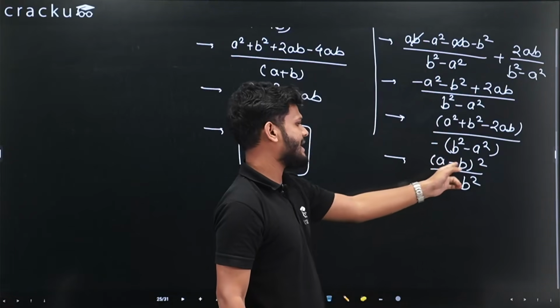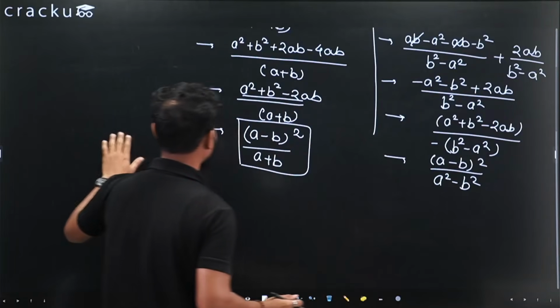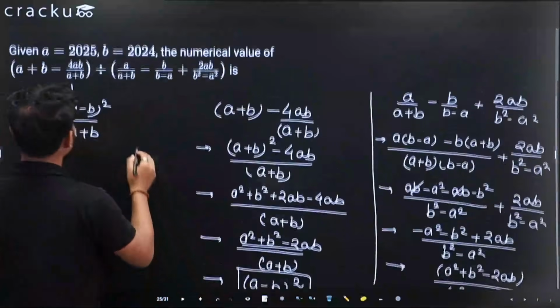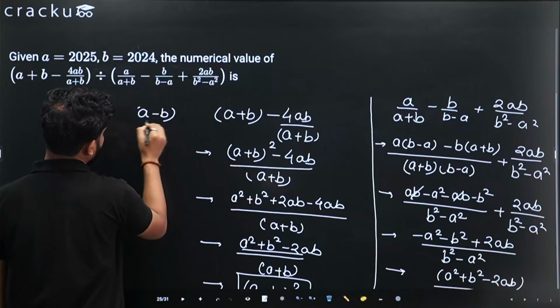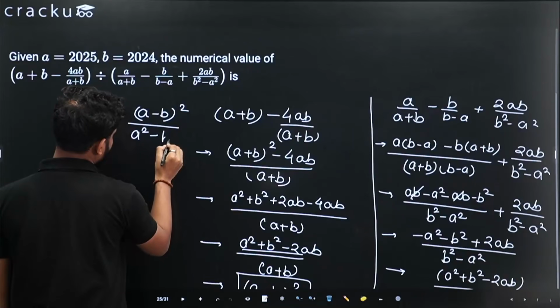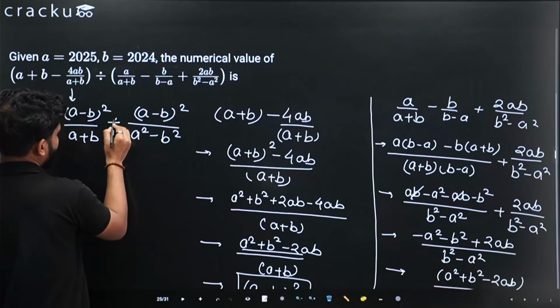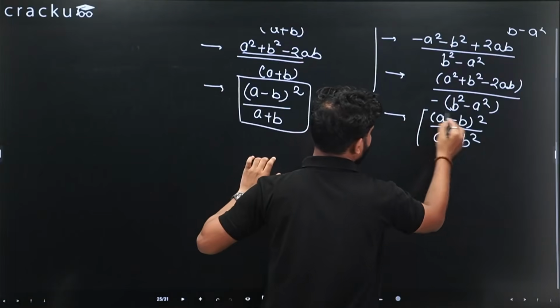So this one is A minus B whole square and denominator is A square minus B square, and we need the division of these two.